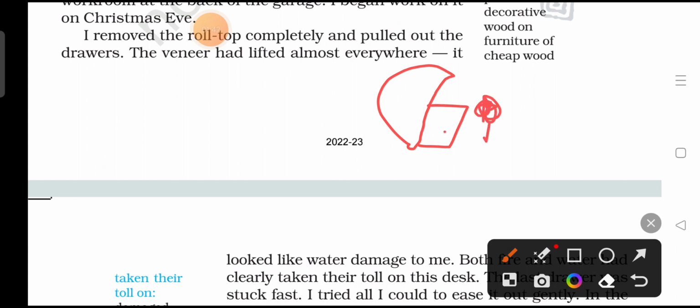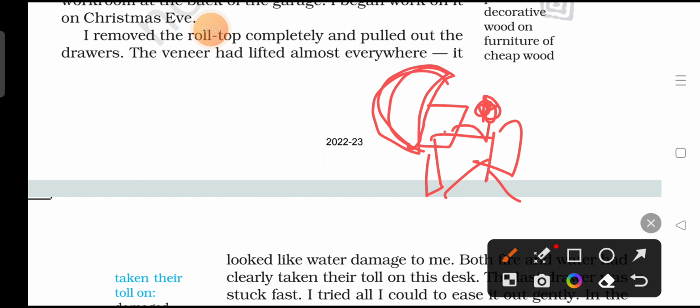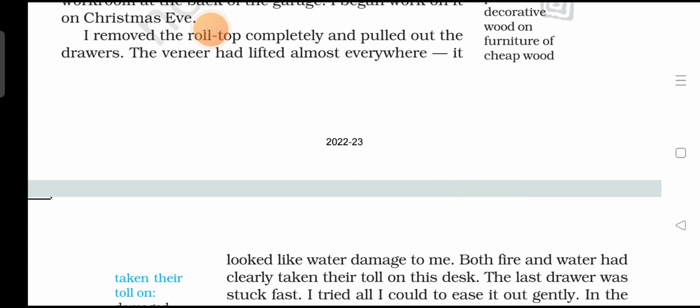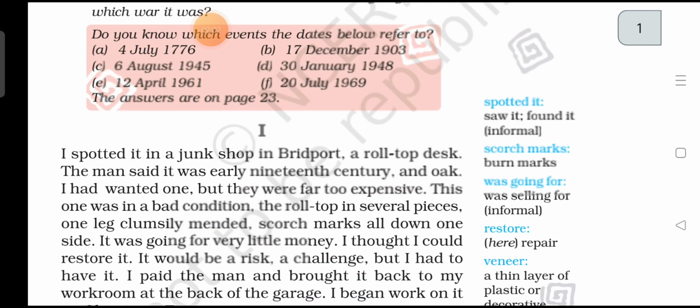This is a person, he's working here, his legs are here, this is a chair, and this is your desk. But it is a roll top desk, so it is rolled upside, and when it is closed it is put in the desk only. Okay dear students, so I think now you know what the meaning of roll top desk is.